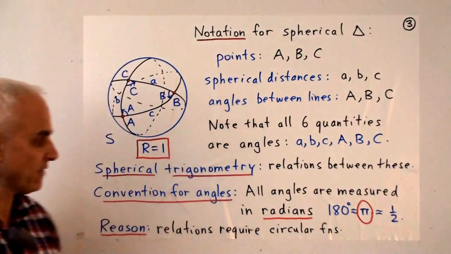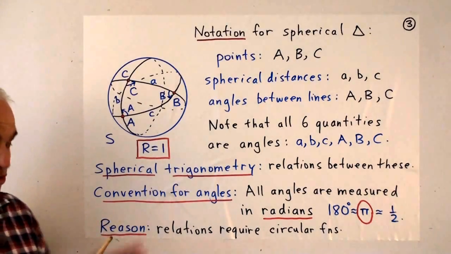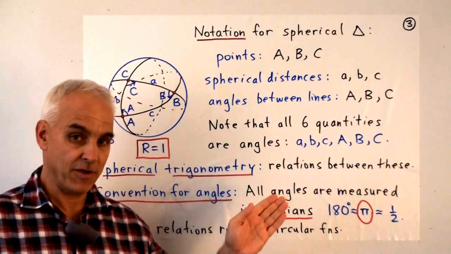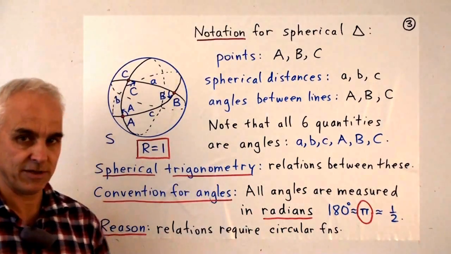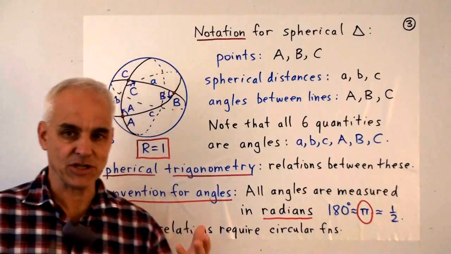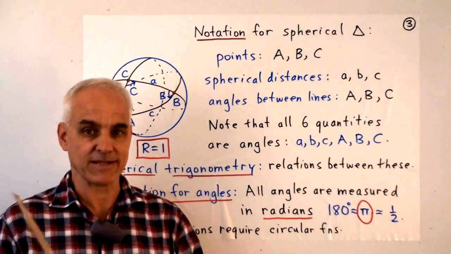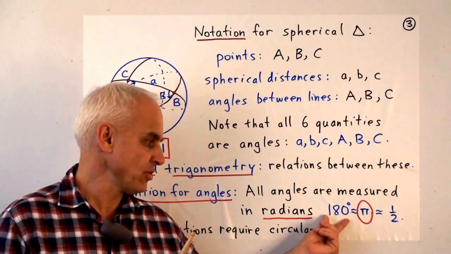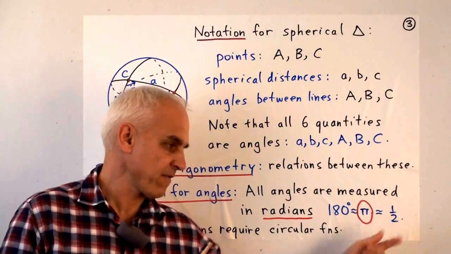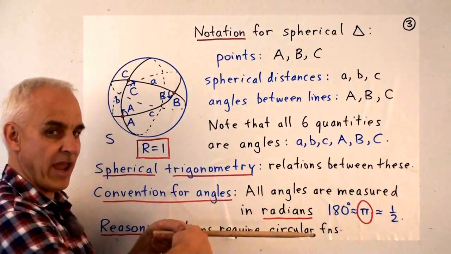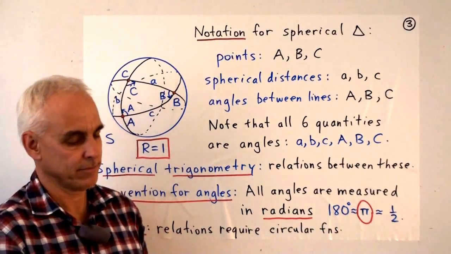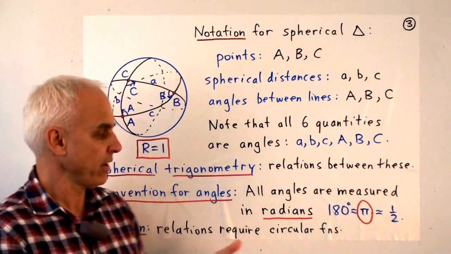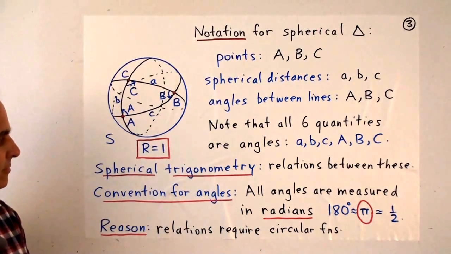But there's a good reason for it, because we're going to shortly see that the spherical trigonometric laws all involve the circular functions, and the circular functions are set up to work best with radians. So we're not going to use 180 degrees. We're not going to use half for this angle. We're going to use pi. All the way around the circle is 2 pi. 90 degrees is pi over 2, and so on. That's the system we're going to use.